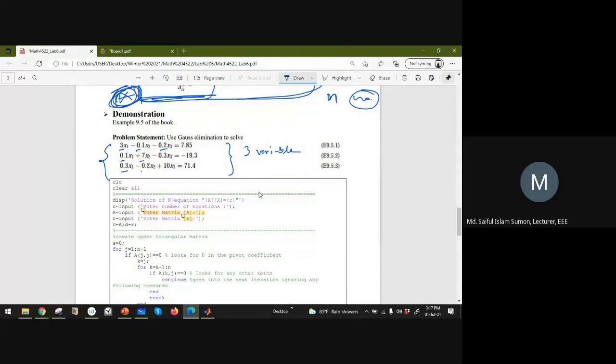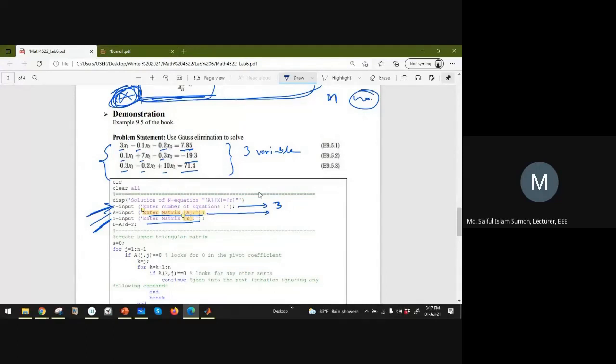This blue one is matrix A. And R is the output matrix, the right hand side matrix, a 1 column matrix. Both of them will be taken from the user after taking the number of variables or number of equations. If I give 3 here, then I need to give the values as input.